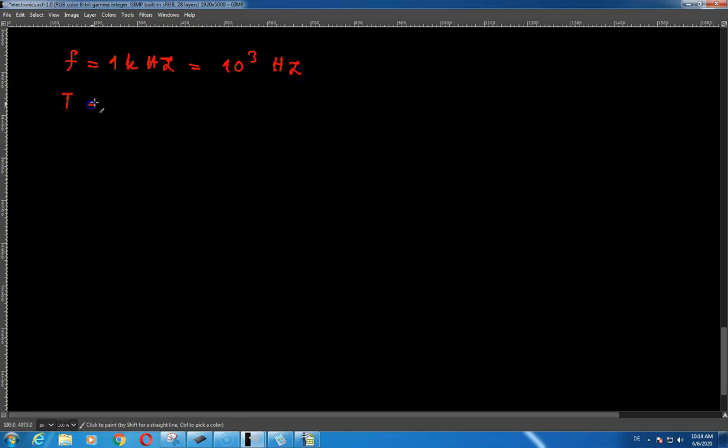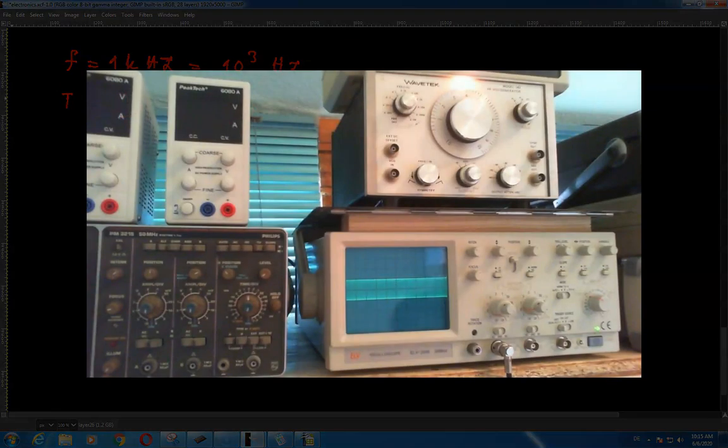So T would be equal to 1 over F, which is 1 over 10 raised to the power 3 seconds, which is 10 raised to the power negative 3 seconds, which is equal to 1 millisecond, right? Which means that one complete cycle of this wave has to occur in 1 millisecond.